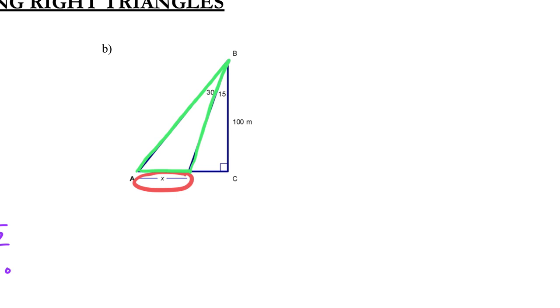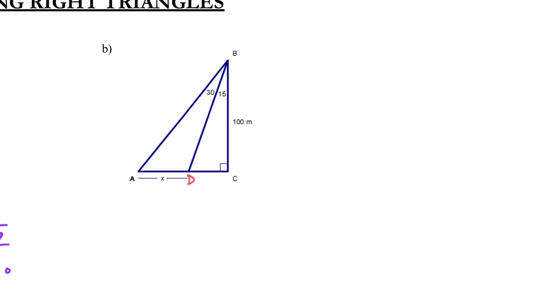Okay, so for us to talk about that triangle, we're going to put a label onto our diagram. I'm going to label this end point as D. That allows me to look at my diagram.